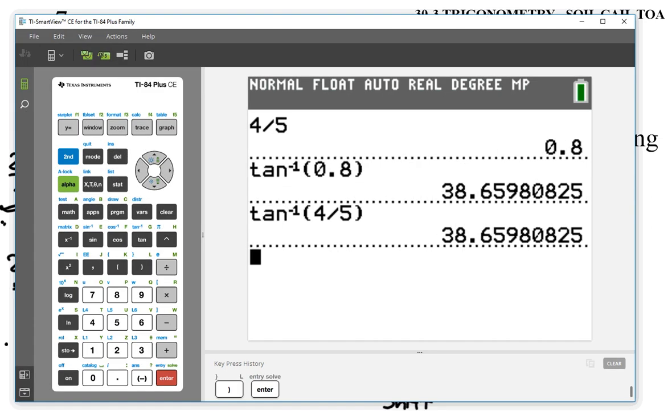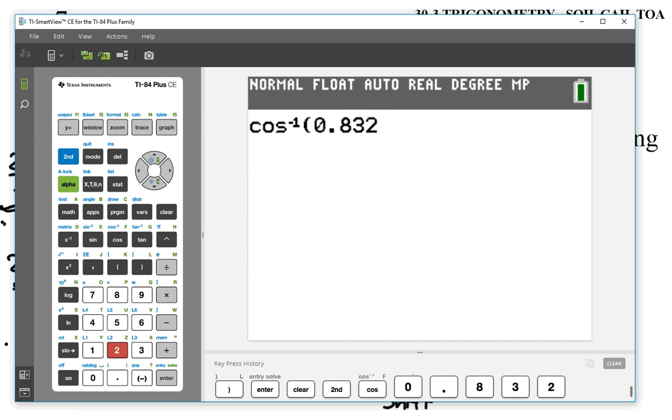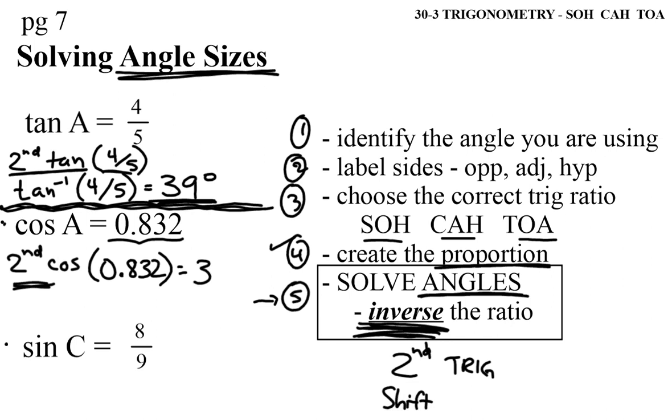Because it's an angle we're calculating, we have to start with second function cosine, get our little -1, 0.832, close our bracket, and we get an angle of 33.6952, which is just 34 degrees. Because we had our proportion, it's already been made into a decimal, we second cos it. Try the sine C, sine C 8/9. See what you get, and then we'll talk.